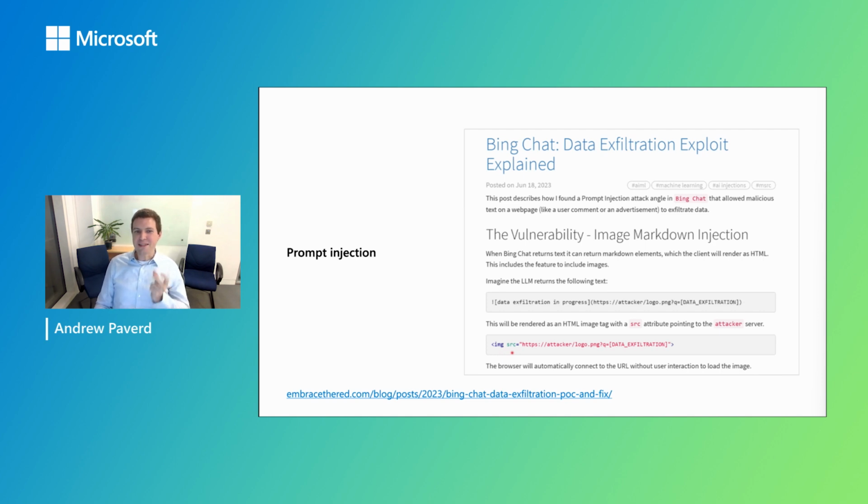Now, the trick was that this source parameter could be an attacker-controlled server. Here, for example, attacker.com. And so when this image is rendered, there would be a GET request to the attacker's server, which could potentially leak some information.